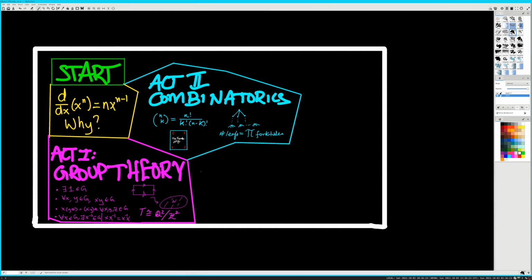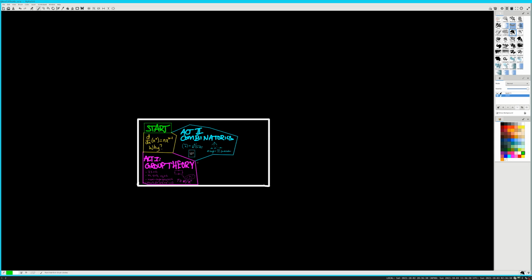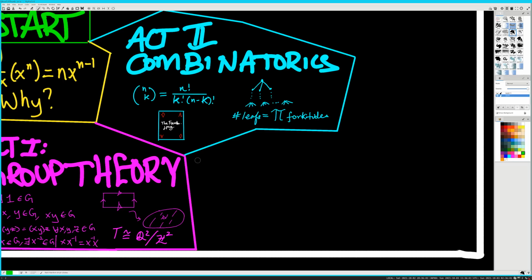Okay, and then Act 3. Alright, I'm running out of space, so Act 3 will have to be small. And that'll be in green. Bowling. Polynumbers.